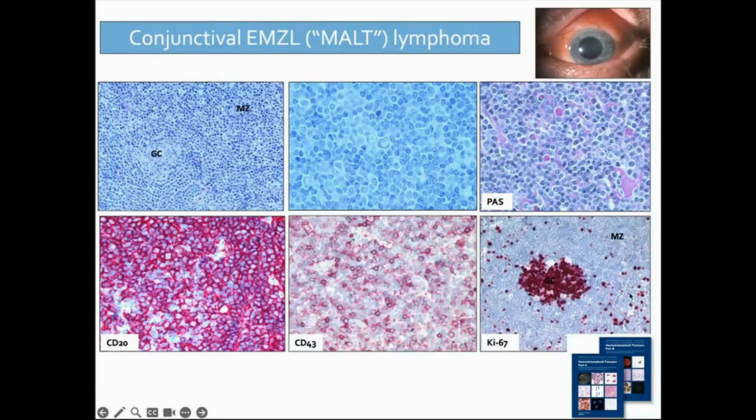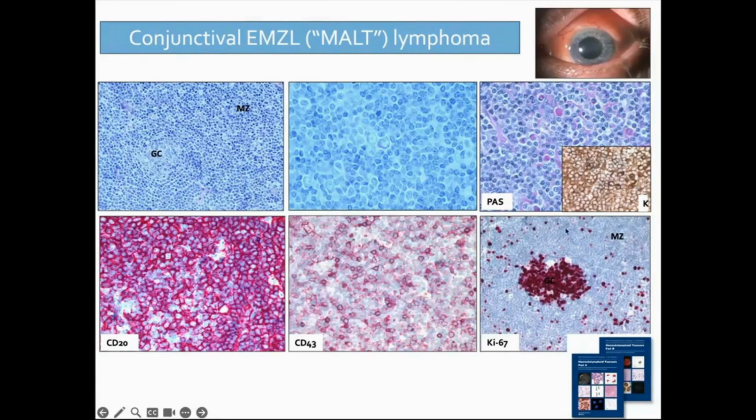And as you can see, the proliferation rate in the marginal zone is really quite small, typically between 5 and maximum 10%. And this is just to highlight the latest version of the WHO lymphoma classification, the 5th edition, which shows the two volumes of this classification.